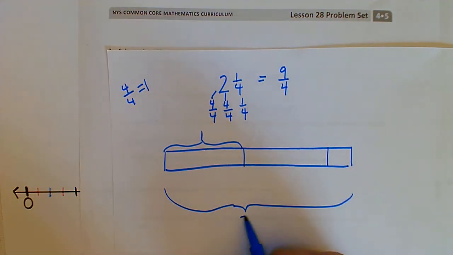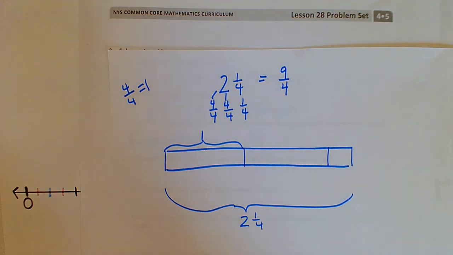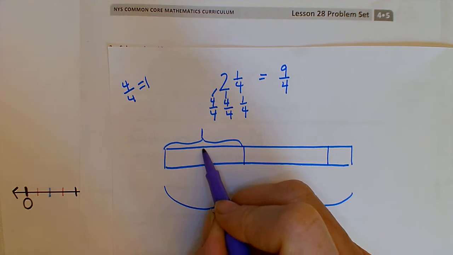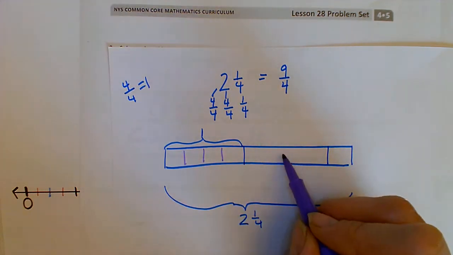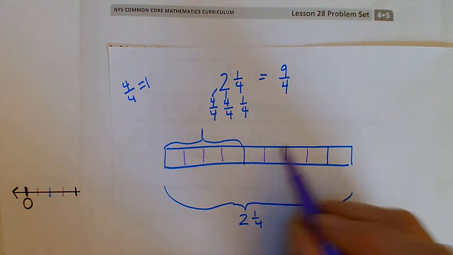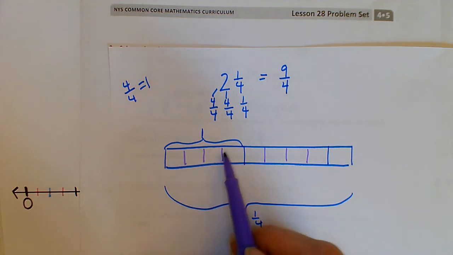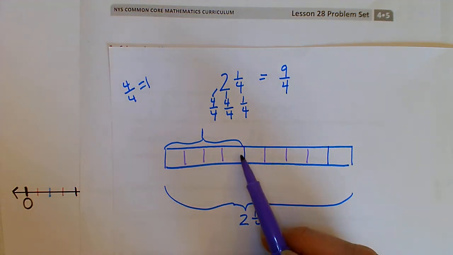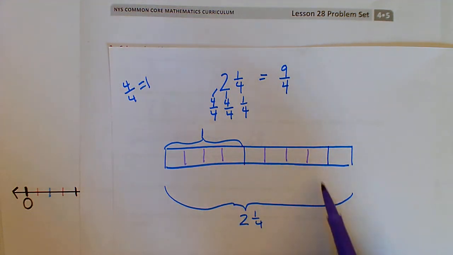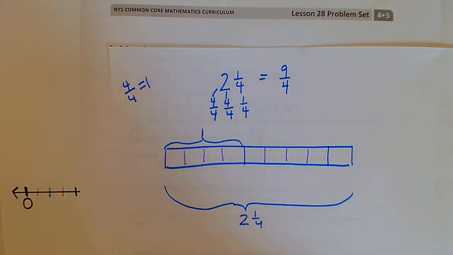So that's 1, this is 2¼ and now what I can do is I can partition off these into quarters. And now you can see we have 1, 2, 3, 4 quarters in this first whole, then we have another 1, 2, 3, 4 in the second one, and then we have 1 more quarter. So we have 9 quarters.